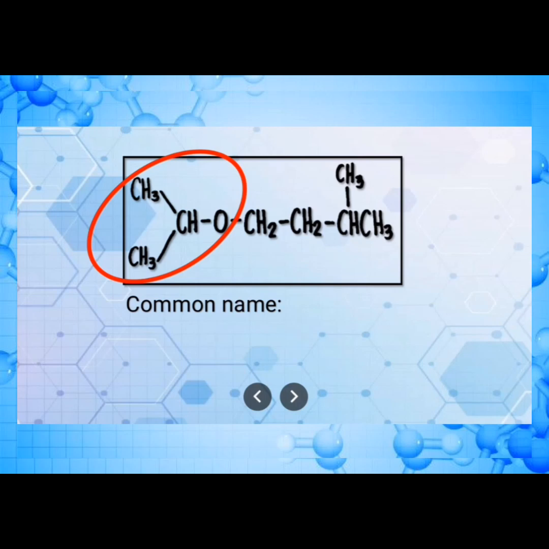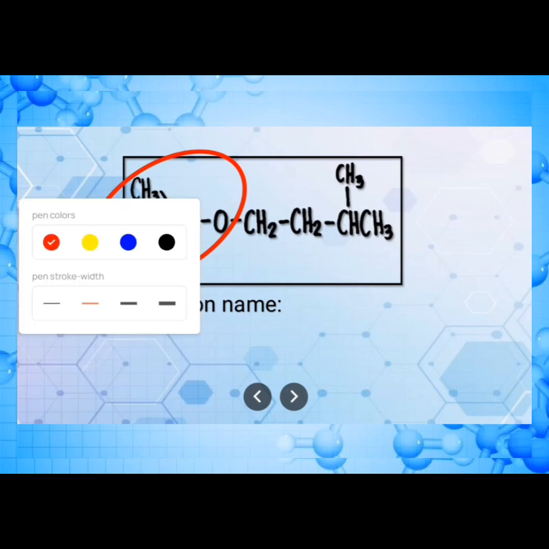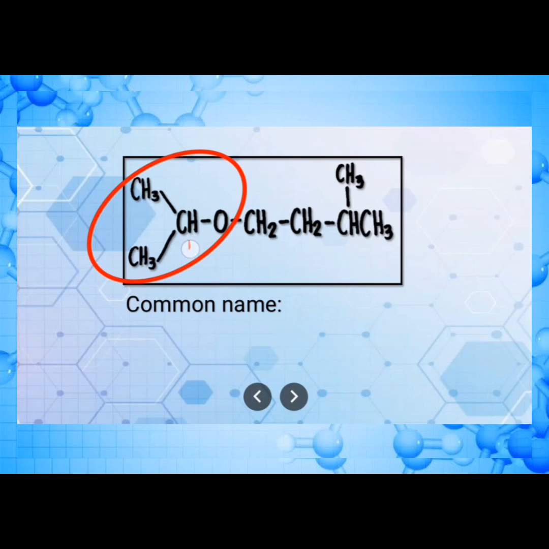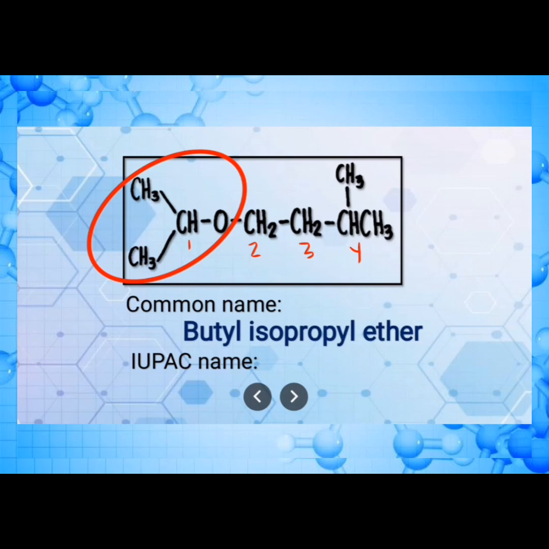In this common name, we have to count the number of carbons. 1, 2, 3, and 4. So the common name will be butyl isopropyl ether.